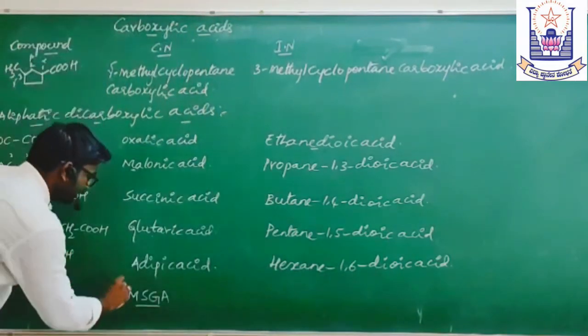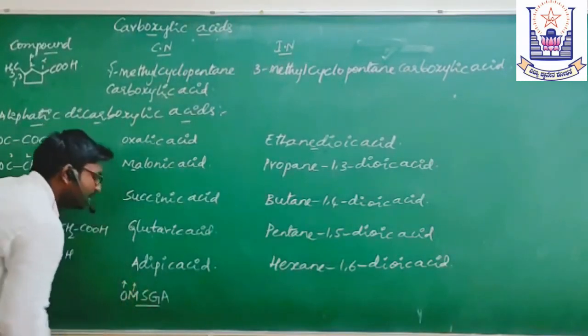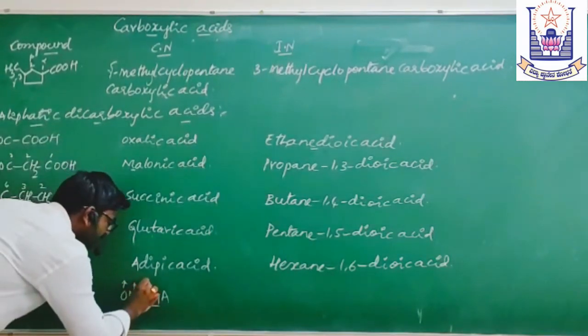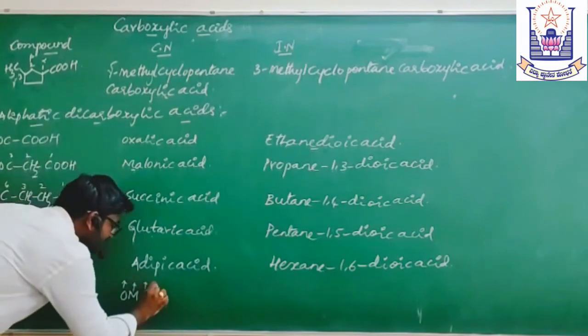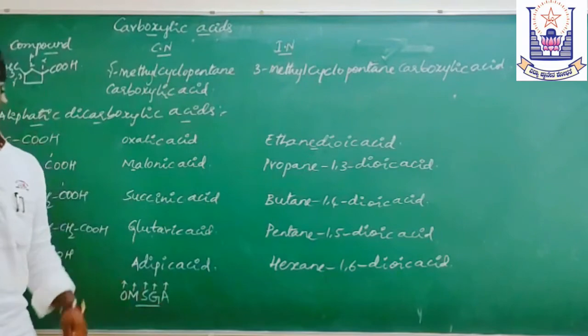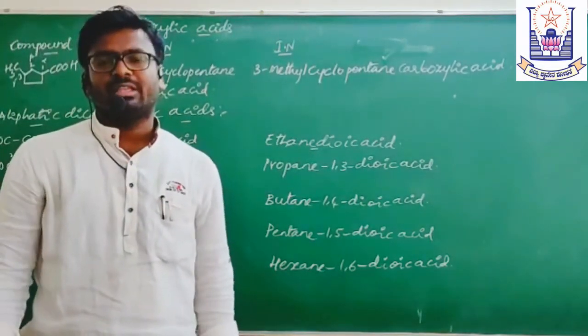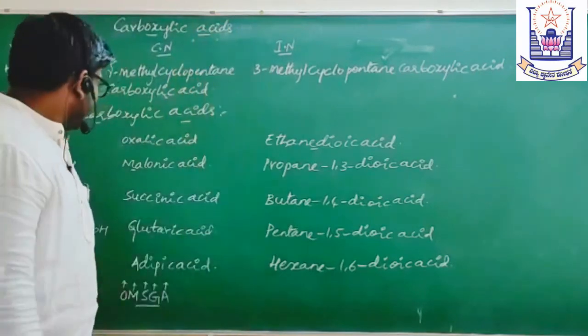O stands for oxalic acid, M stands for malonic acid, S stands for succinic acid, G stands for glutaric acid, A stands for adipic acid. You practice more number of times, okay, then it will be easy to remember.